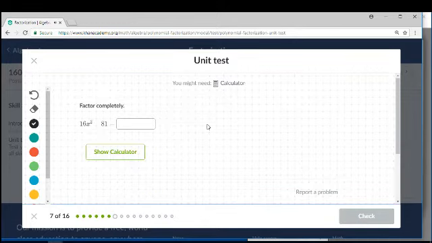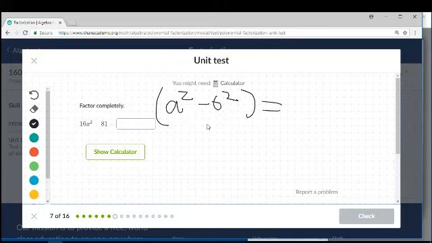All right, factor completely: 16x squared minus 81. So this is a case of a squared minus b squared is equal to a plus b times a minus b.